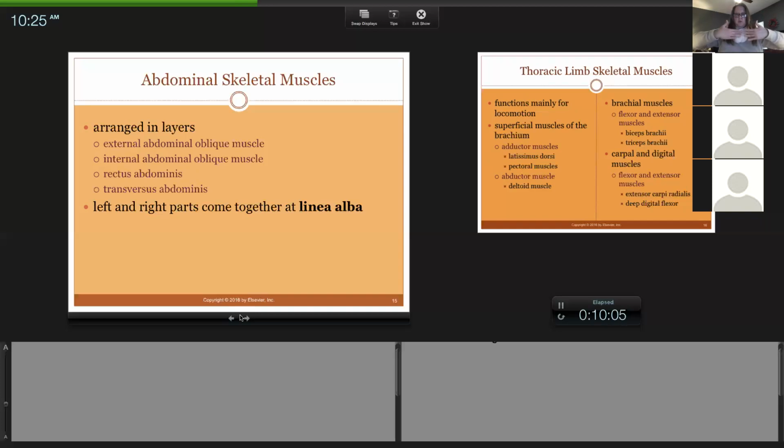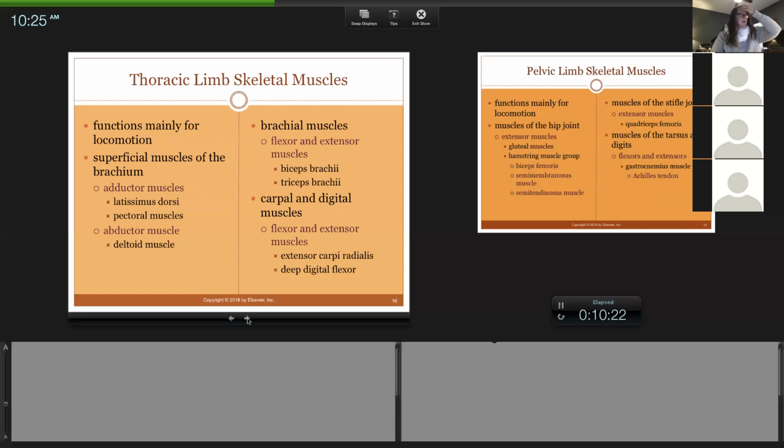So transverse abdominis muscles all come together at the linea alba. So oblique, rectus, transverse. Oblique, rectus, transverse. Could make a cheer out of that or something. And I want you to know they join at the linea.